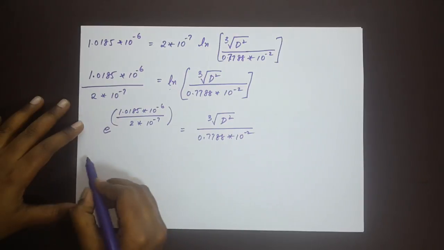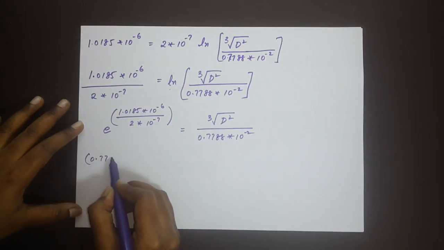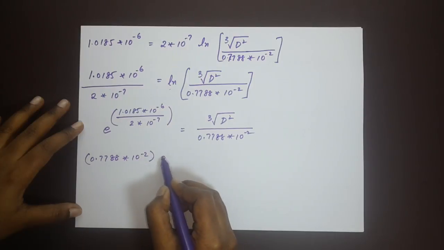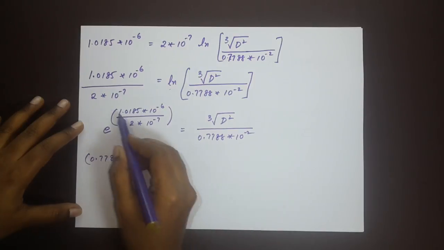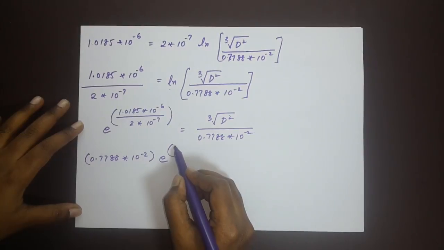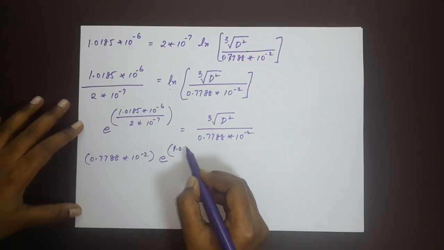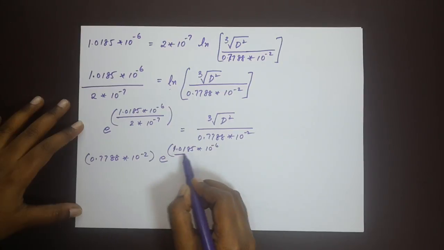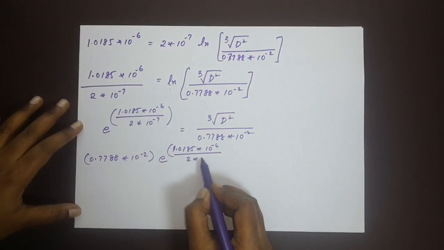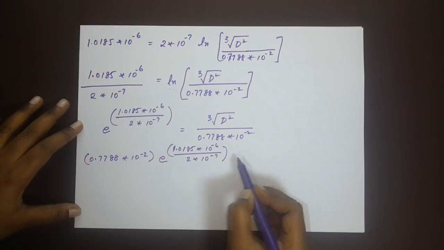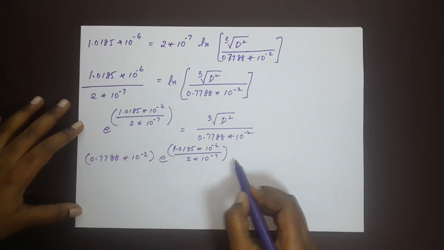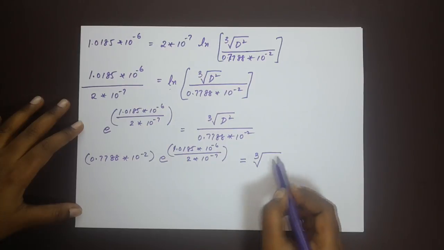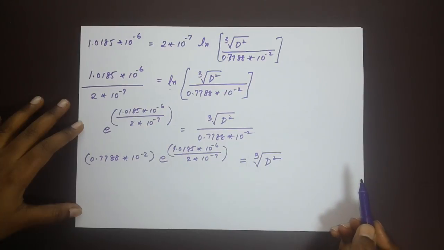You can cross multiply, you will get 0.7788 into 10 power minus 2 e to the power of this entire term, 1.0185 into 10 power minus 6 divided by 2 into 10 power minus 7. I hope this is visible to you all, is equal to cube root of d square.